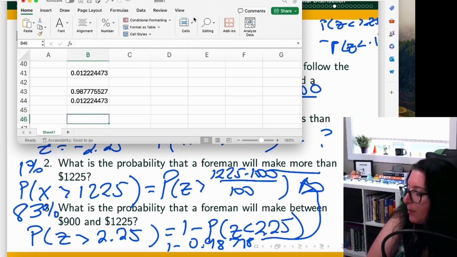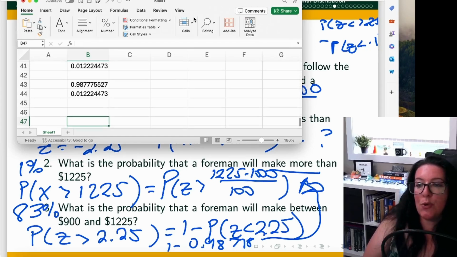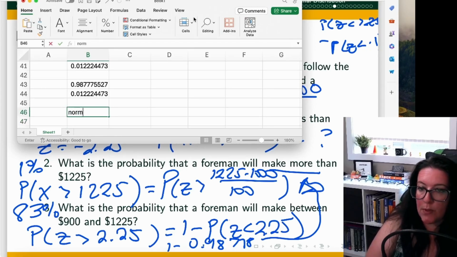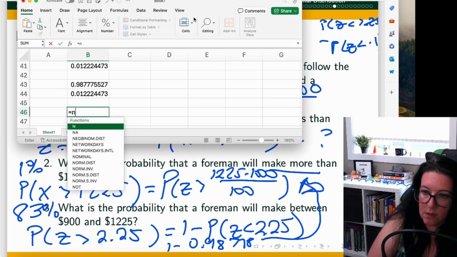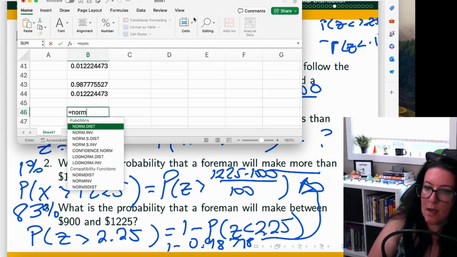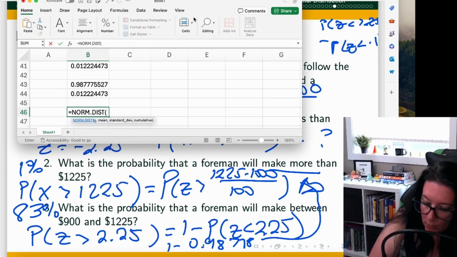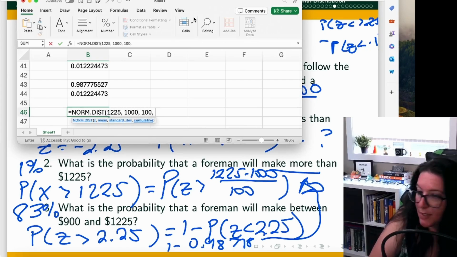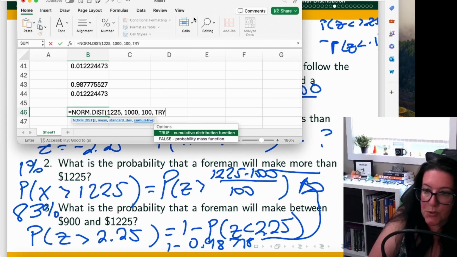What about the probability that a foreman will make between 900 and 1225? So to do this, we're going to do norm.dist, and we're going to find the 1225, where the mean is 1,000, the standard deviation's 100, and cumulative equals true.